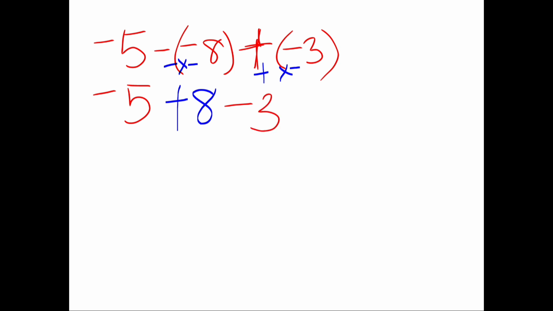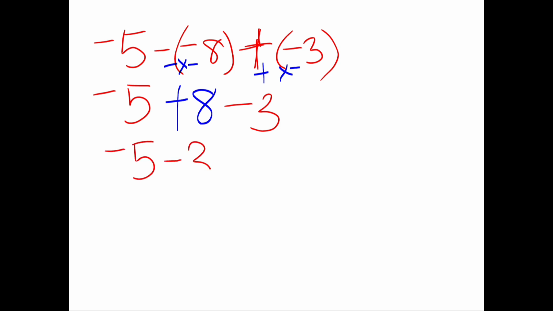Very easy, right? Good. So now at this junction you can see that we have a negative 5, a plus 8, and a minus 3, right? So now let's bring the one with the same sign together and bring the one with the other sign beside it. So meaning we'll be having a minus 5, right?